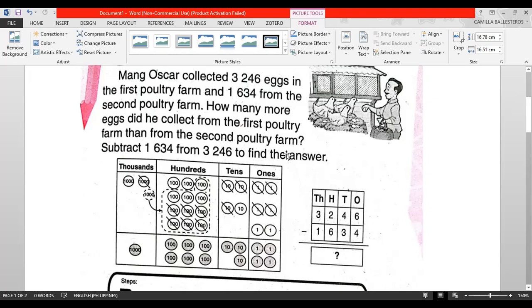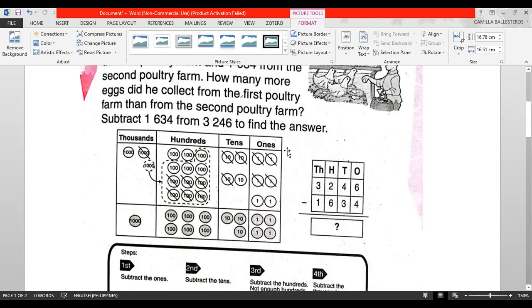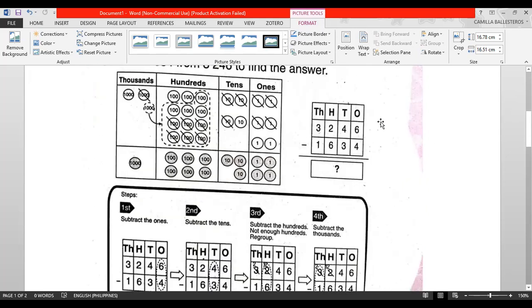So we need to subtract 1,634 from 3,246 to find the answer. We are going to arrange the numbers given in the word problem in their place value.